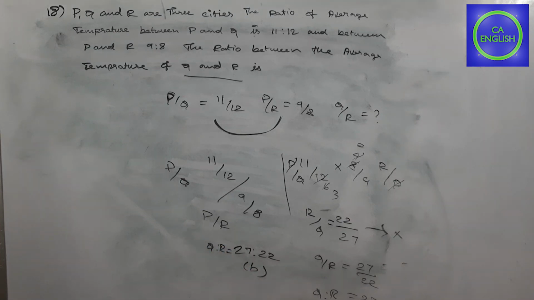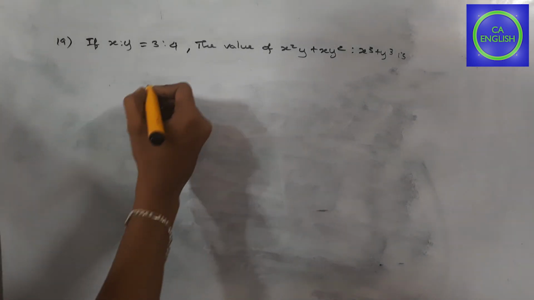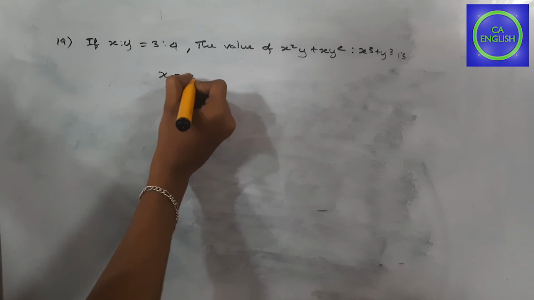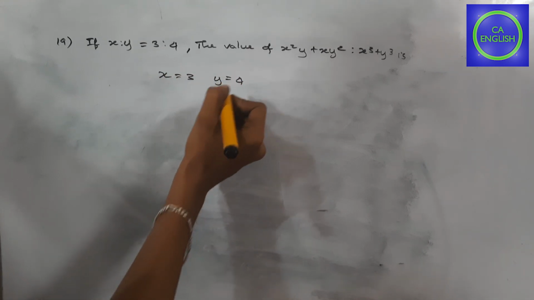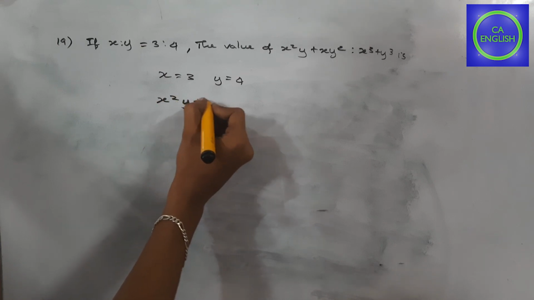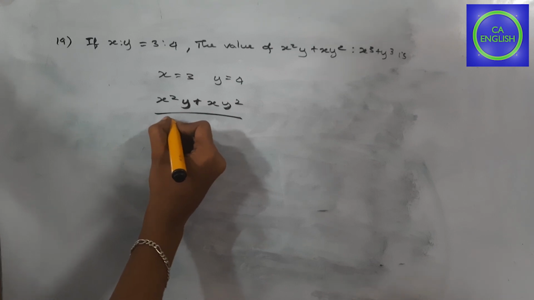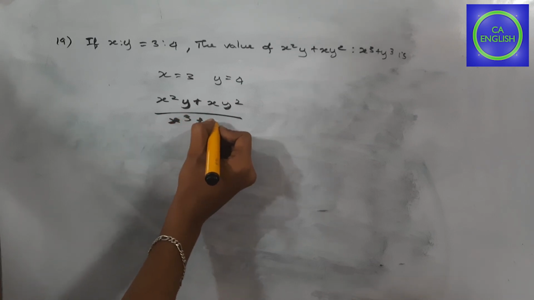Okay, one of the easiest sums, the 19th sum. If x is to y equal to 3 is to 4, the value of x square y plus x y square is to x cube plus y cube is. The value is given, x is equal to 3, y is equal to 4. You just want to apply it on x square y plus x y square divided by x cube plus y cube.